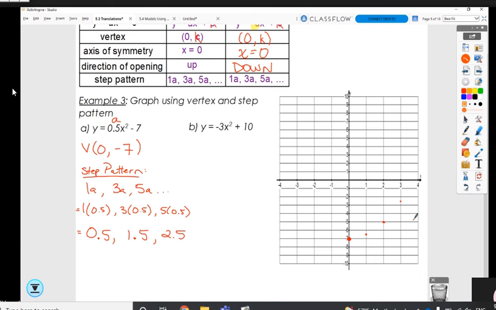And the same idea occurs on the other side: over 1, up 1/2, over 1, up 1.5, over 1, up 2.5. We should try to draw in our smooth curve as best we can, and maybe even label it: this one is y equals 0.5x squared minus 7, the red one.